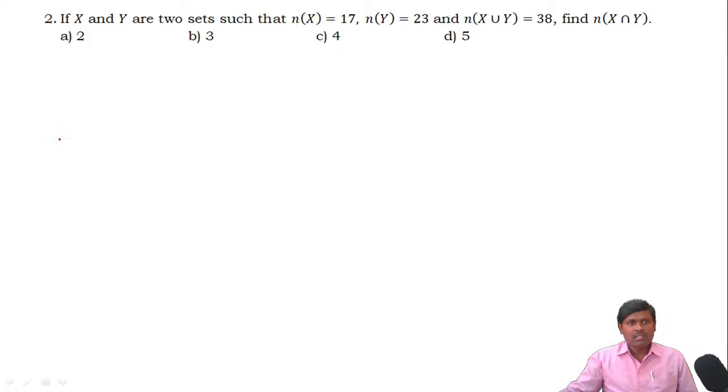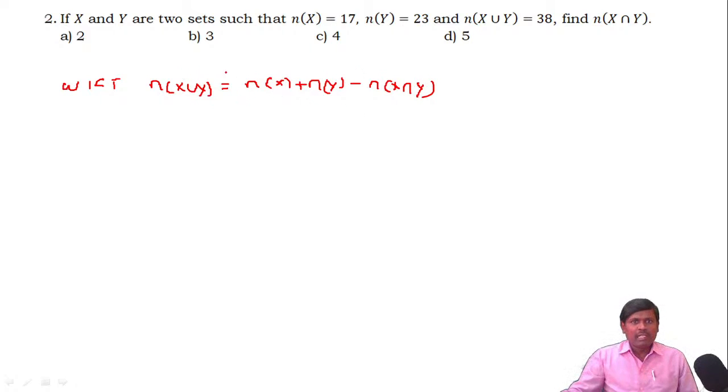Again we know that n of X union Y is equal to n of X plus n of Y minus n of X intersection Y. This is the formula we have.